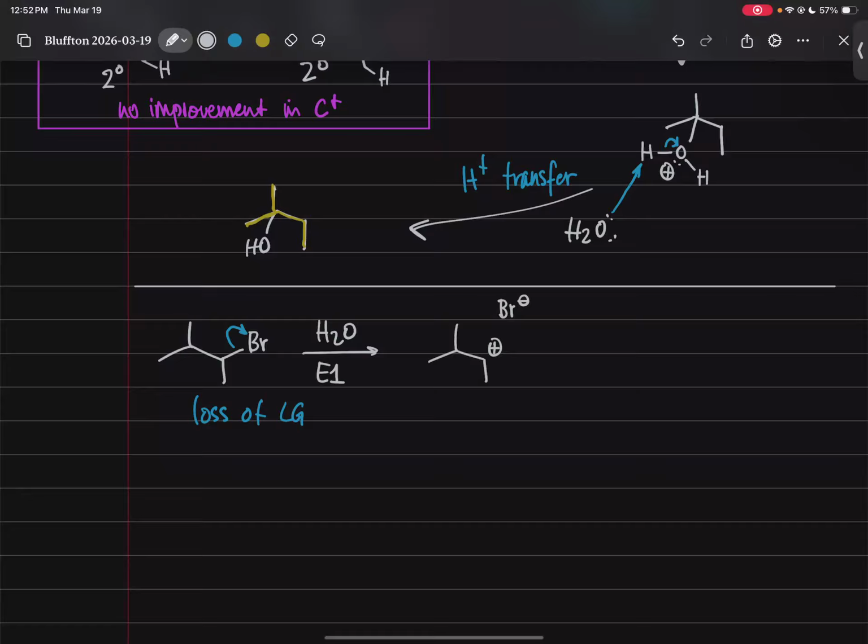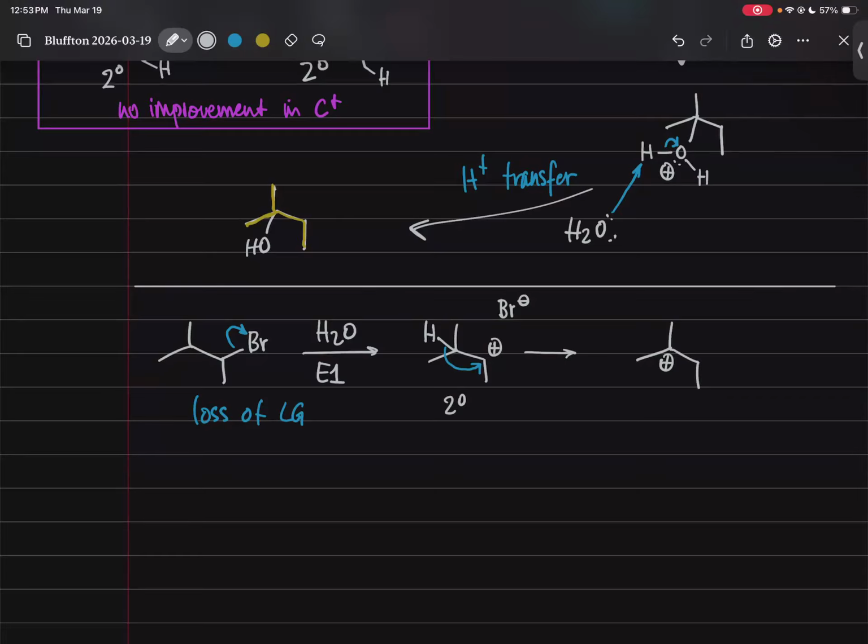Now, we have a secondary carbocation. Can this rearrange? Yes, this is what we just did. We already know how it's going to rearrange. I haven't explicitly drawn out the hydrogen, and that's okay.